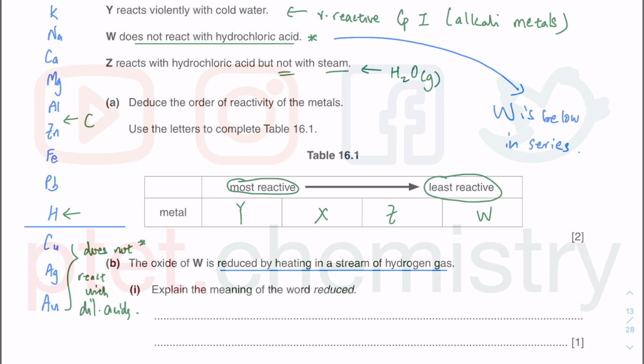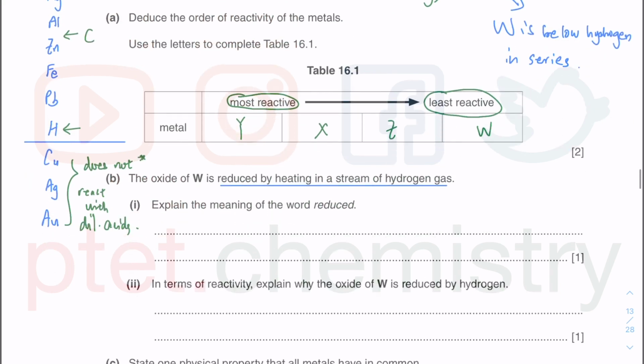So if I just write below hydrogen so that the handwriting is a bit clearer. In the context of the question here, reduce means it can react with hydrogen, it can gain hydrogen, or accepting hydrogen, so gain of hydrogen atoms essentially.